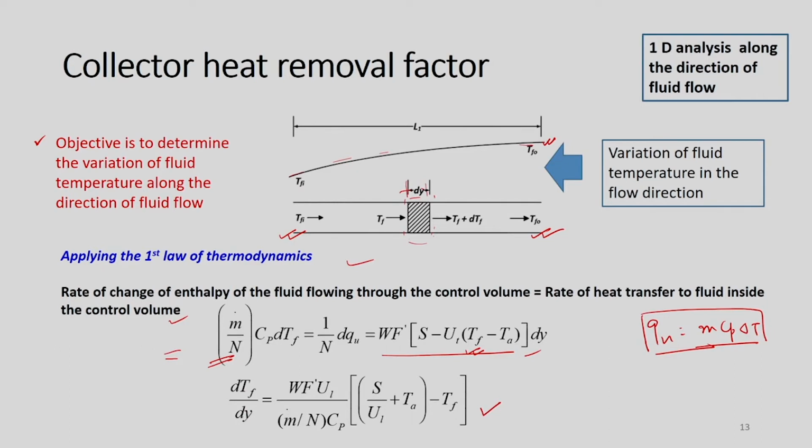Now, we can derive the expression. So, we can write dTF by dy minus W f dash UL by m dot by n into Cp, then we have S by UL plus Ta minus Tf, equal to 0.